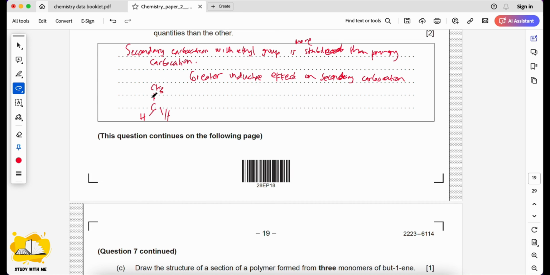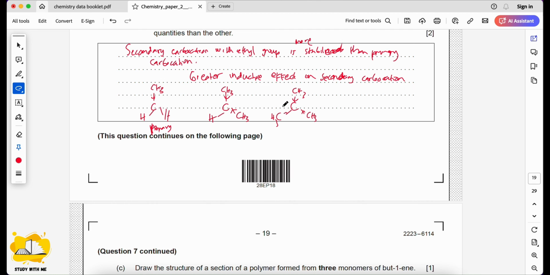So this is the inductive effect. For primary carbocation, then for secondary it will be 2 CH3, so 2 more effect, and then for tertiary it will be 3 of them.